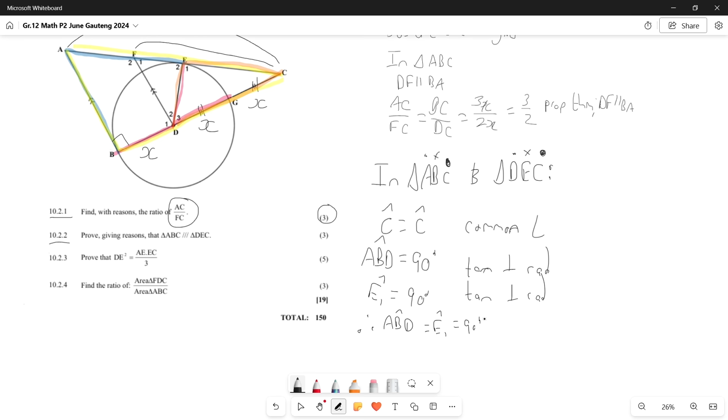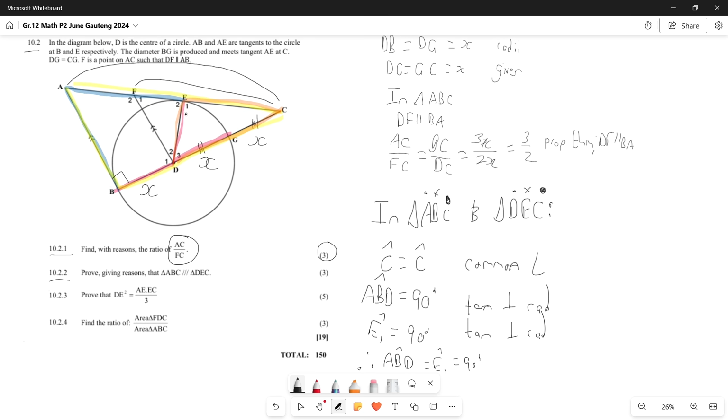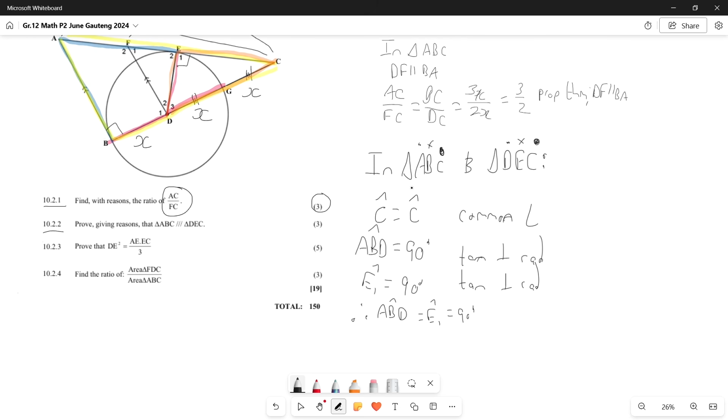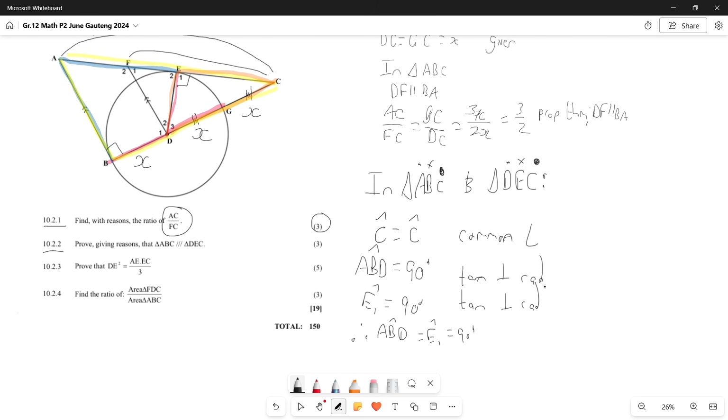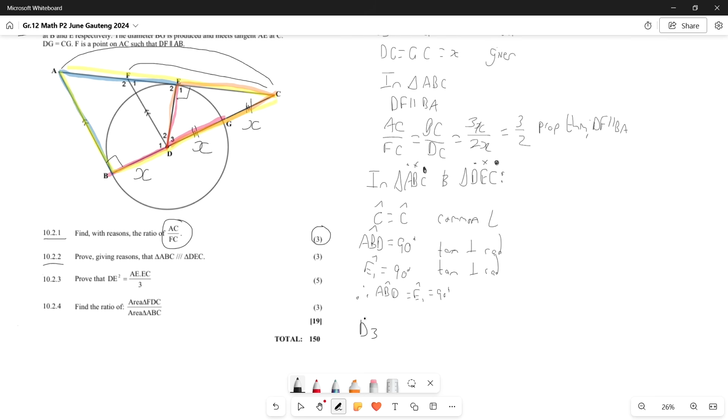And this is just proven because of those two reasons we just wrote. So we have a common angle, B is 90, E1 is 90, and therefore D3 over here equals A over there. The third angle because of interior angles of a triangle, which means we can just go ahead and write that. D3 equals angle A because int angles of triangle.